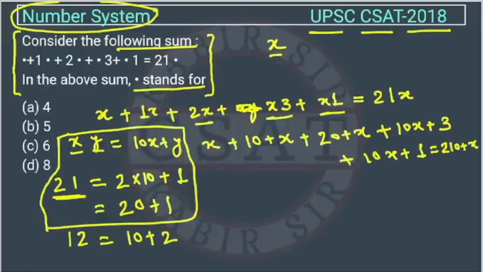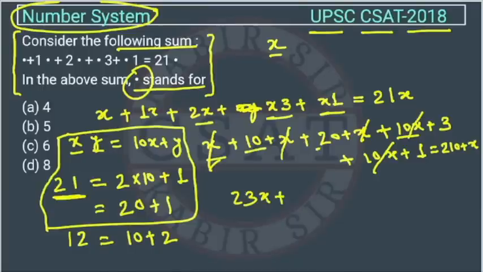Okay, now you only have to find out the value of x from here, that is what is asked in the question, right. So this is x, 1x, 2x, 3x, okay, 3x and 10x is 13x, 13 plus 10 is 23x. So this will be 23x plus, this is 10 plus 20, 30, right, 30 plus 4, this is 34, is equal to 210 plus x, right.